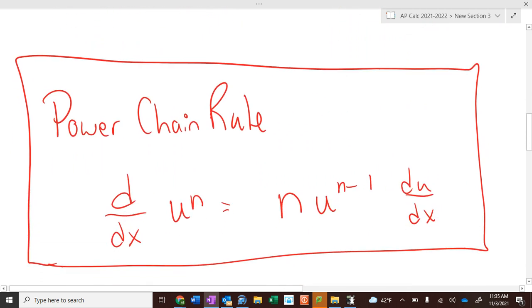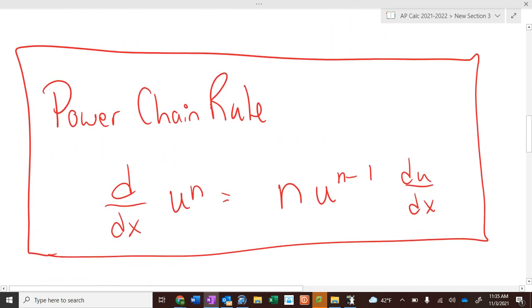The power chain rule, which is a mix of the power rule and the chain rule. So u is not just x. It's a function of some sort. So the power chain rule says, well, you put the number in front, and you lower the power by 1 times du dx.